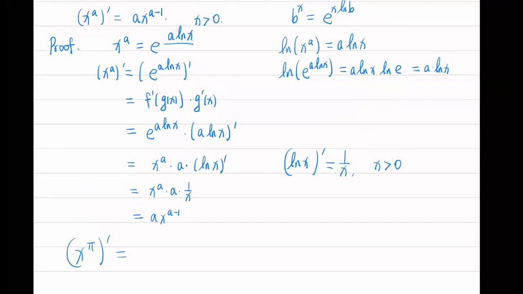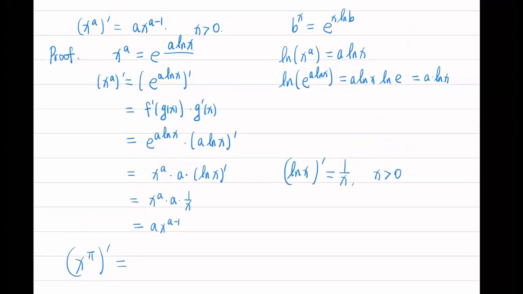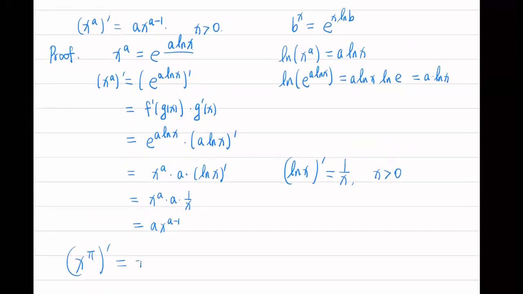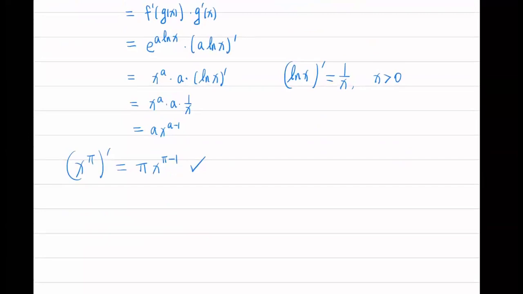So pi times x to the power of pi minus 1. Yes. Now another one, x to the e. Sophia, what's the derivative of this one? e x to the power of e minus 1. Okay.